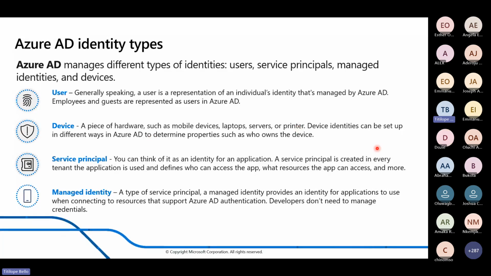So devices can be set up in different ways in your Azure Active Directory. You have Azure-only devices, what we call Azure AD join. That means the device only exists or is recognized within your Azure Active Directory. You also have what we call hybrid AD join.